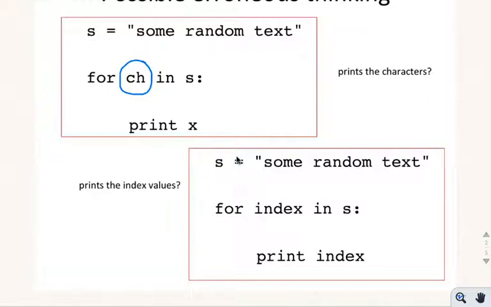Does that mean that this for loop is working over characters by comparison with this one here where we've used the name index? Does that somehow mean that this second for loop is actually working over index values as opposed to the first one that might be working over characters? So that's a possible misunderstanding in thinking there's something quite significant to the language about these particular names.